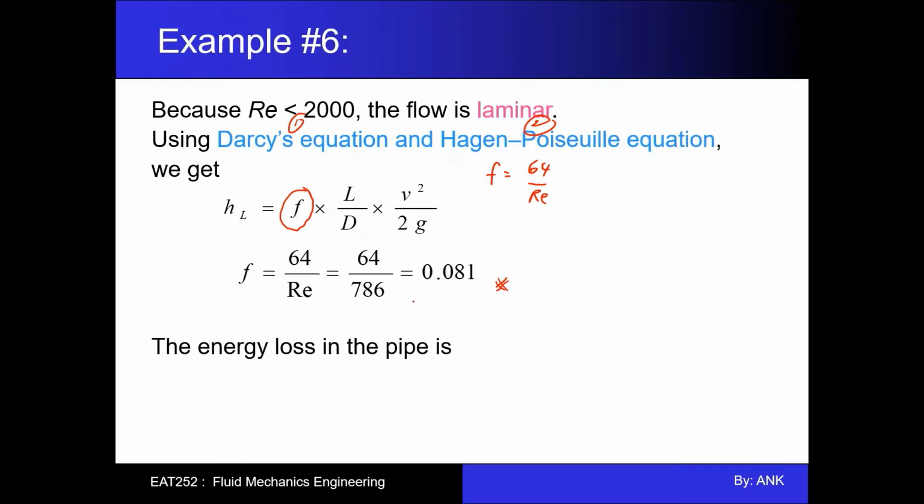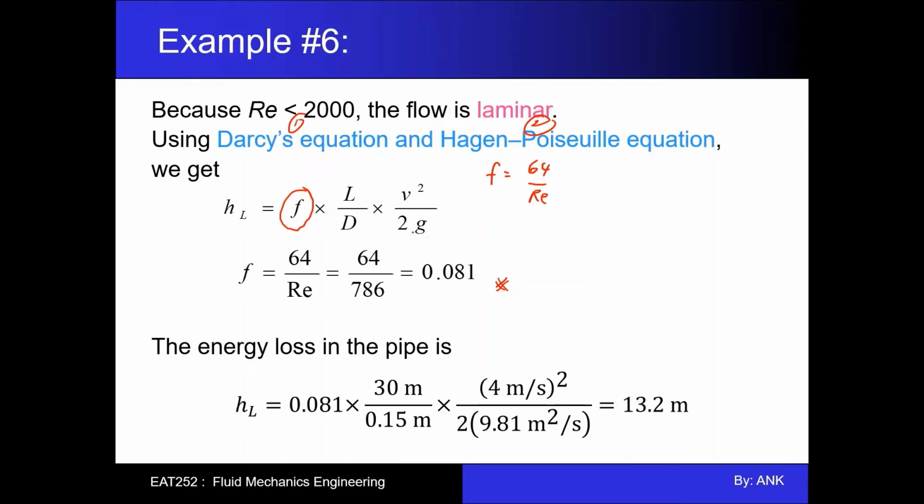Now we solve this equation because we already know all the information. We substitute the friction factor, 0.081, times the total length of pipe, which is 30 meter, divided by the diameter of pipe, 0.15 meter, times the velocity of flow in the pipe, which is 4 meter per second, squared, divided by 2 times gravity.